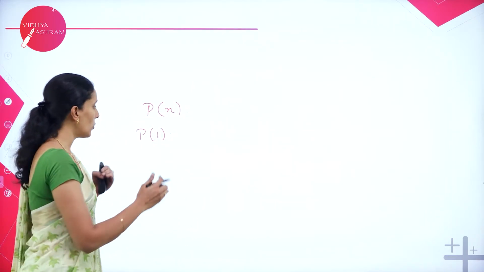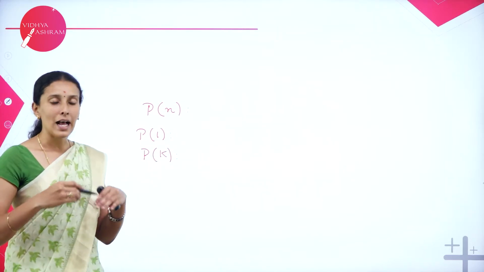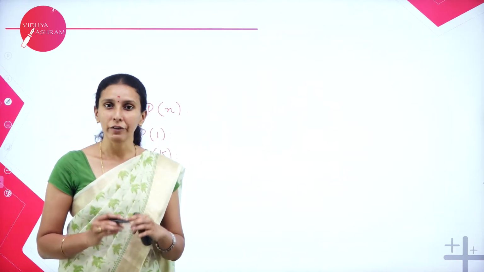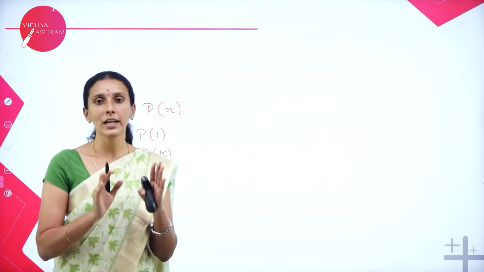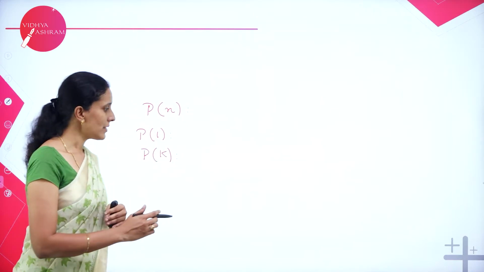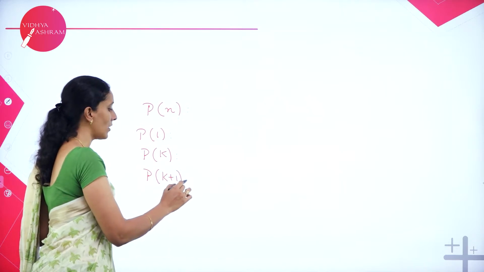Next, we will assume it is true for k values. Whatever the statement they have given in terms of n, we will convert it into k and we will assume that it is true. Next step is, we will take k plus 1 values.